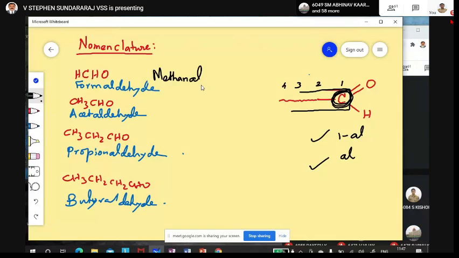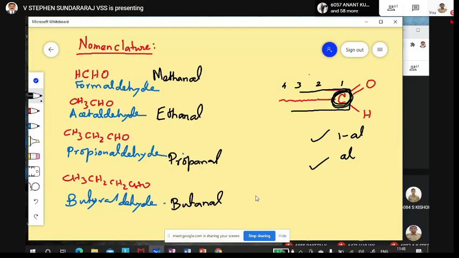This is ethanal, ethane, 2 carbon, al. This is propanal. This is butanal, pentanal. Here you can even write 1-al, but it is not necessary. I just explained that. So this is the IUPAC nomenclature.